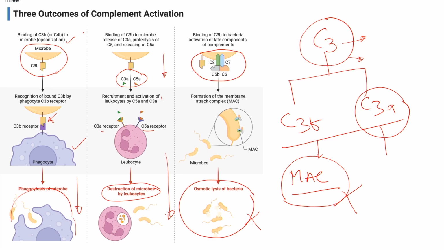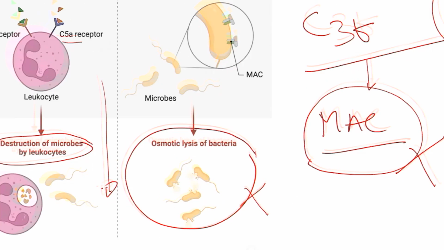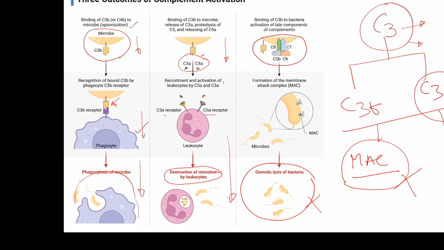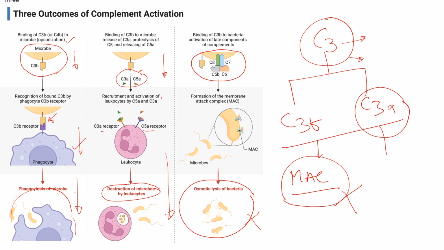Either opsonization can happen, in which the complement protein binds to the microbes, and this binding can facilitate phagocytosis by phagocytic cells such as dendritic cells, and because of this process the microbes can be cleared out from the human body.